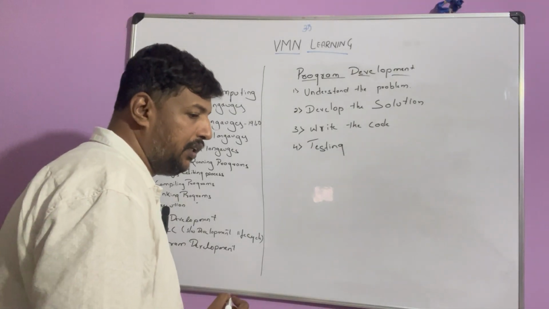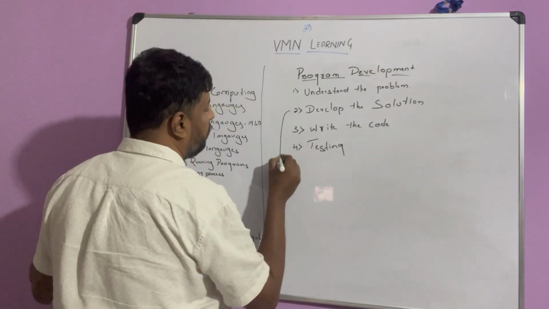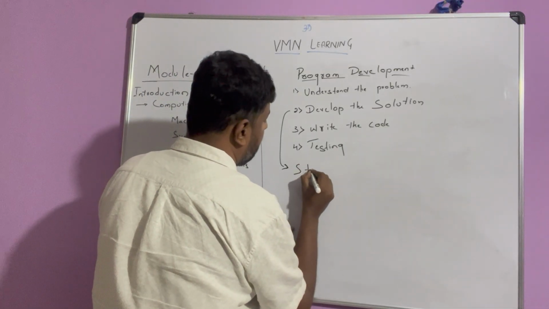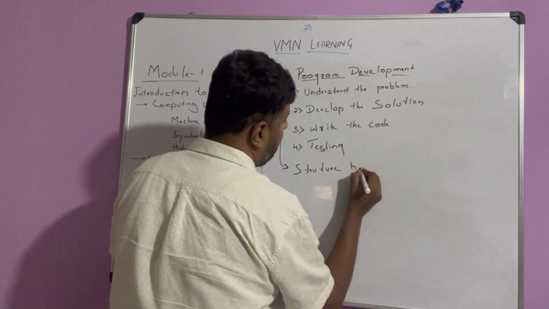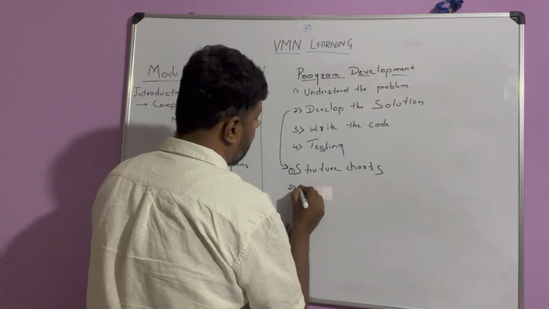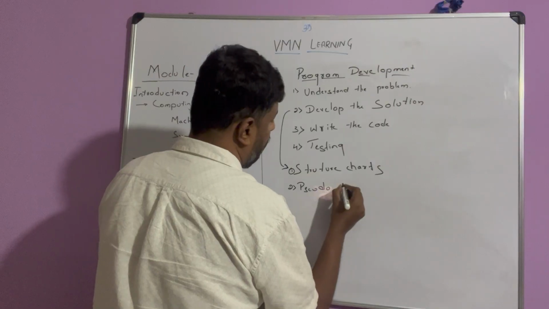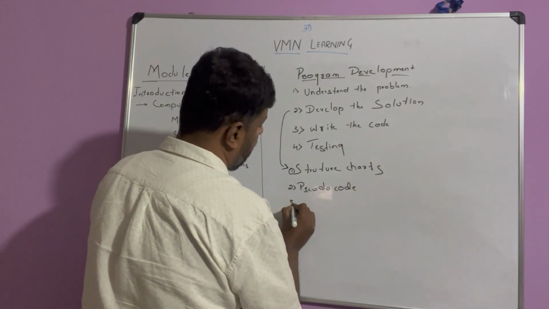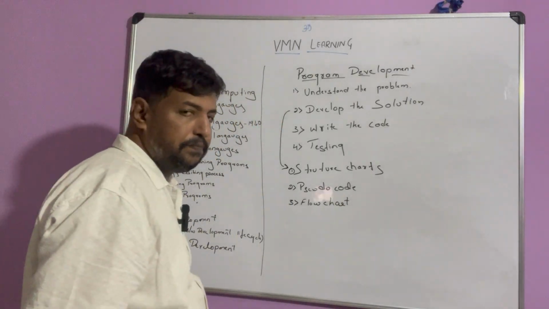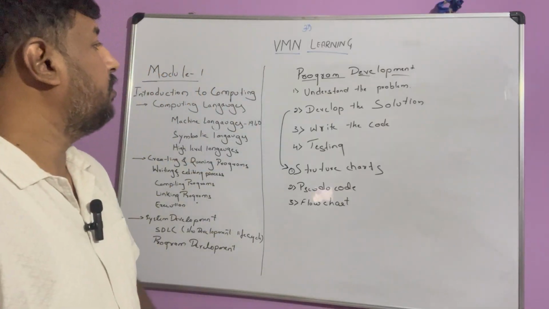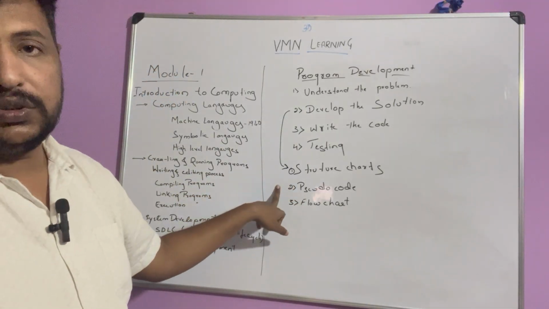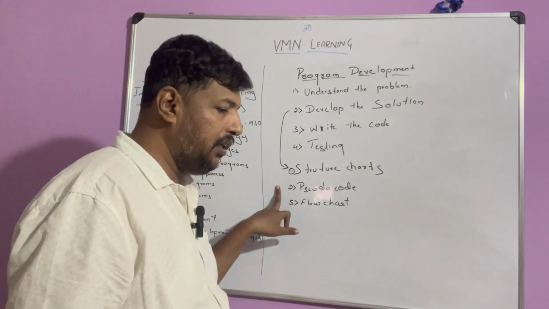In developing a solution, we have three things: structure charts, second one is pseudocode, third one is flow chart. So developing a solution, we have three things: structure charts, pseudocodes, and a flow chart.